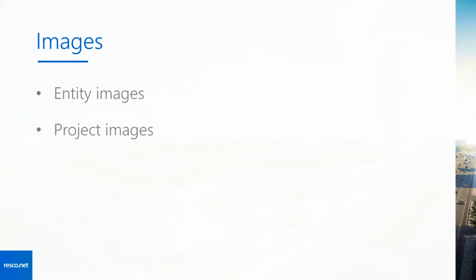For example, you've got some contacts there, and each contact has a photo of them. We call those entity images. There are also project images or static images, and they are related to your app project. Those are these icons and, basically, every static image in your app.